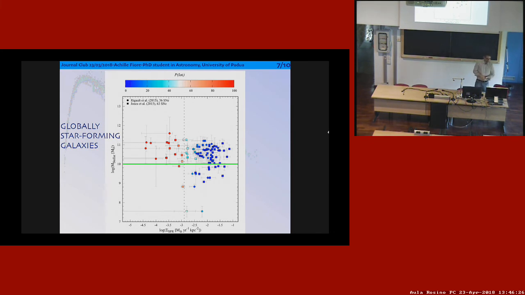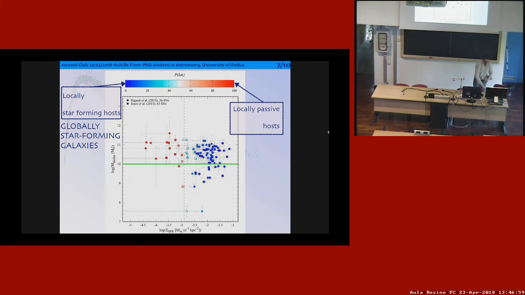You see here the logarithm of the stellar mass content on the y-axis and the logarithm of the star formation rate density on the x-axis. Dots are globally star-forming galaxies whose colors depend on the probability that the galaxy is either locally star-forming host in blue or locally passive in red.